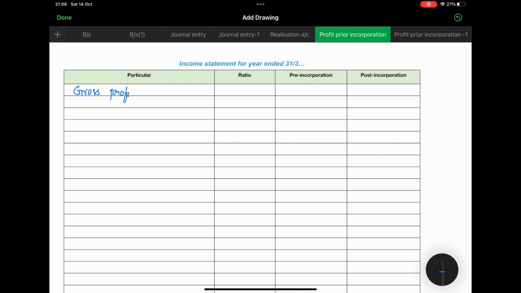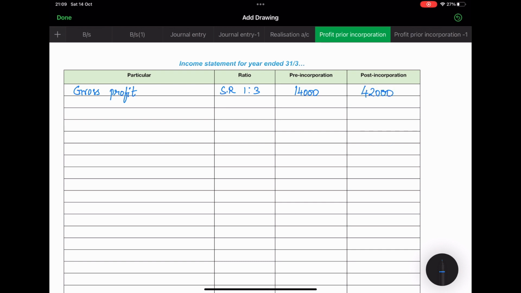Gross profit in question they have clearly mentioned 56,000. Into how much sales ratio we got, 1:3, that is 1/4 we have to calculate. Sales ratio 1:3, 56,000 into 1/4, that is 14,000, and for post incorporation 42,000.